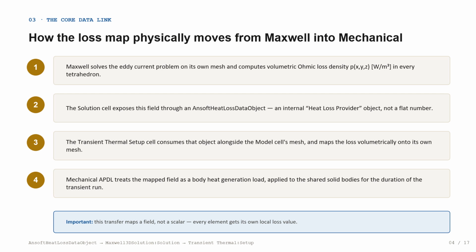Mechanical APDL then treats that mapped field as a distributed body heat generation load applied to the shared solid bodies for the full duration of the transient run. The point I want you to take away is this. This transfer moves a field, not a scalar. Every element gets its own local value. That is exactly why the coil's turns and the skin layer near the rod's surface heat up differently from the core of the rod. The physics of where the loss actually sits is preserved all the way through the coupling.